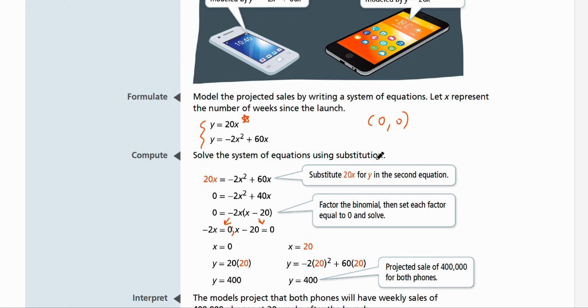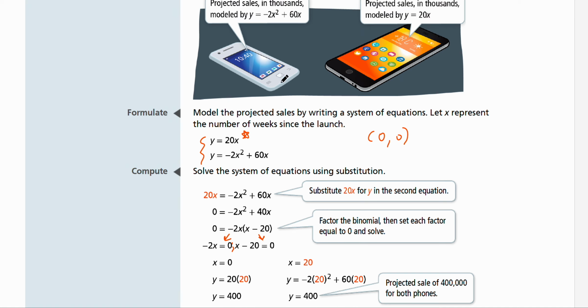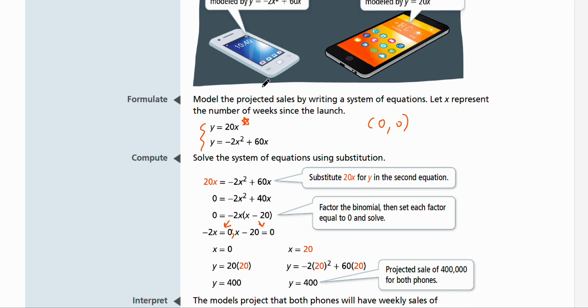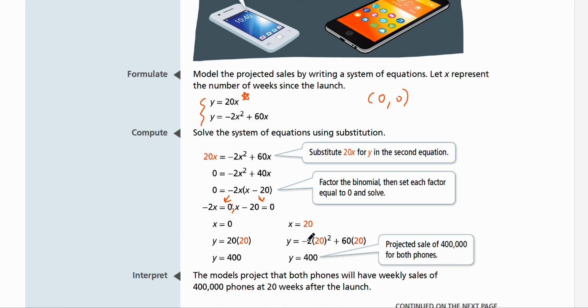But we're looking for how many sales that are not zeros, right? So 20 would be our solution. 20, 400 would be our point. Remember that y values are in terms of thousands of sales. So this actually means projected sale will be 400,000 for both phones.